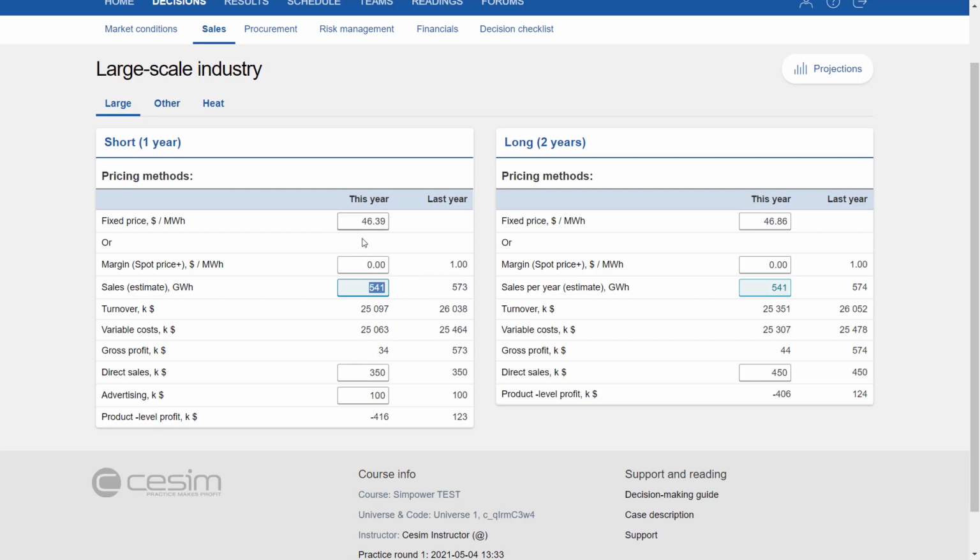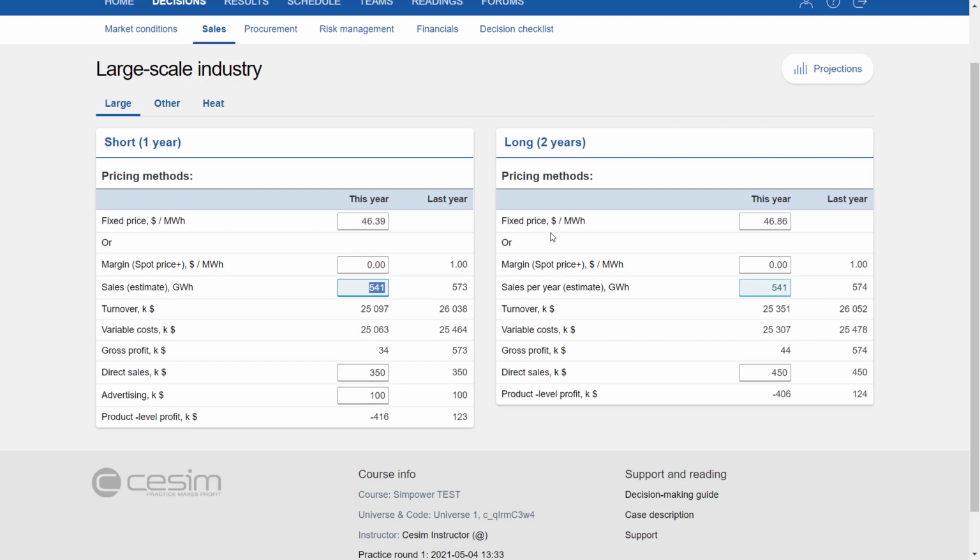Besides price, our sales is also influenced by the amount of sales force. Here we call it direct sales, which means how much we invest in the sales force who is going to be selling our electricity to the customers. And then advertising is the amount that we spend on general advertising.